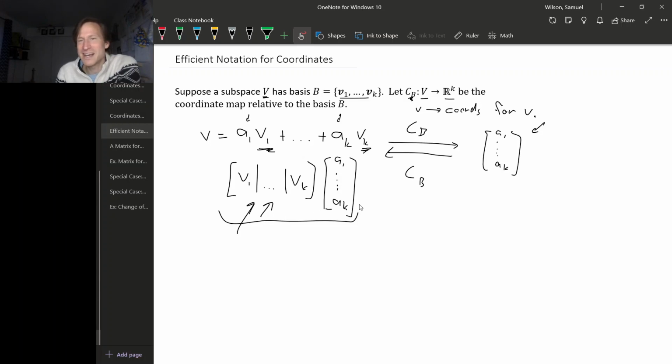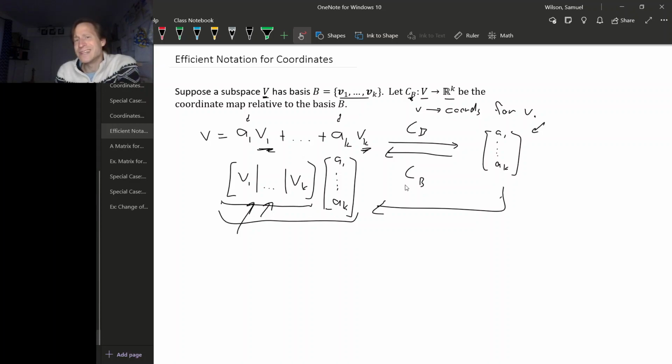Because we aren't accidentally collapsing any vector down to 0 when we go this way from right to left, because collapsing a vector of coefficients down to 0 would amount to having a non-trivial linear dependence relationship among the v's, which we know we don't have because they form a basis, so they must be linearly independent.